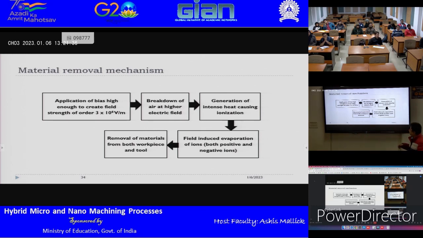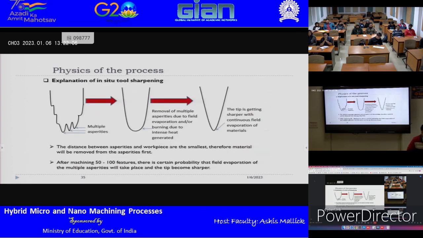So in this case we are creating a field strength of about 1 times 10 to the power 9 volt per meter, which is much higher than the breakdown requires. So we found that there is a lot of evaporation in dry EDM, and also some melting process happening as we analyzed the tool, and then material is removed from here.